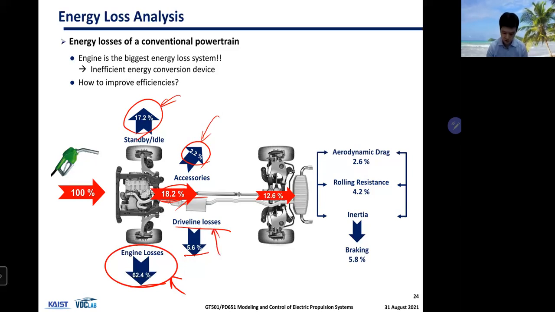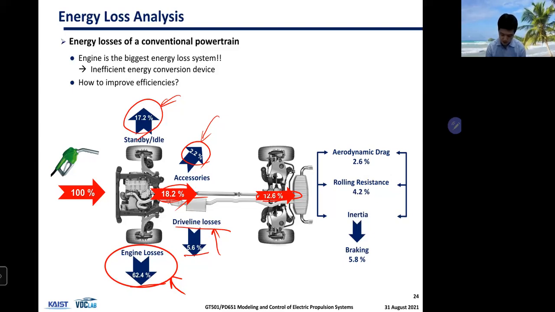So people are doing all kinds of things to reduce these losses, okay, to improve fuel economy.